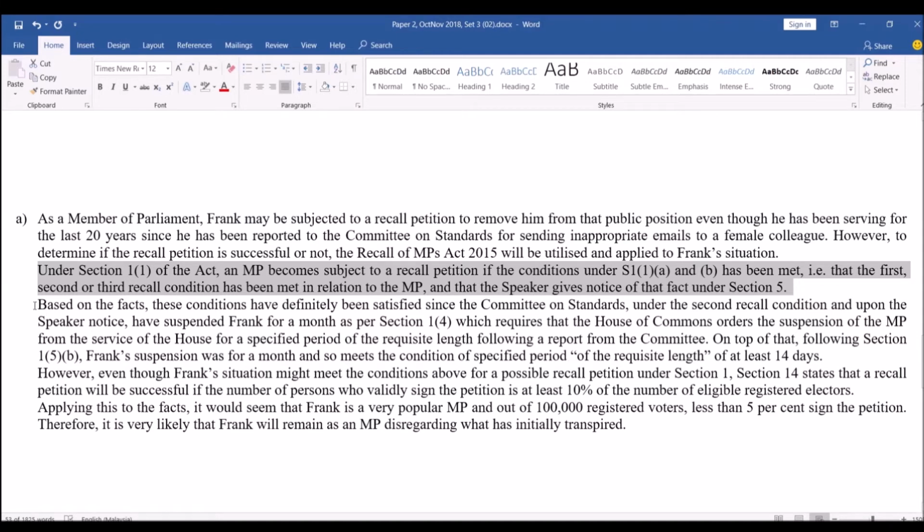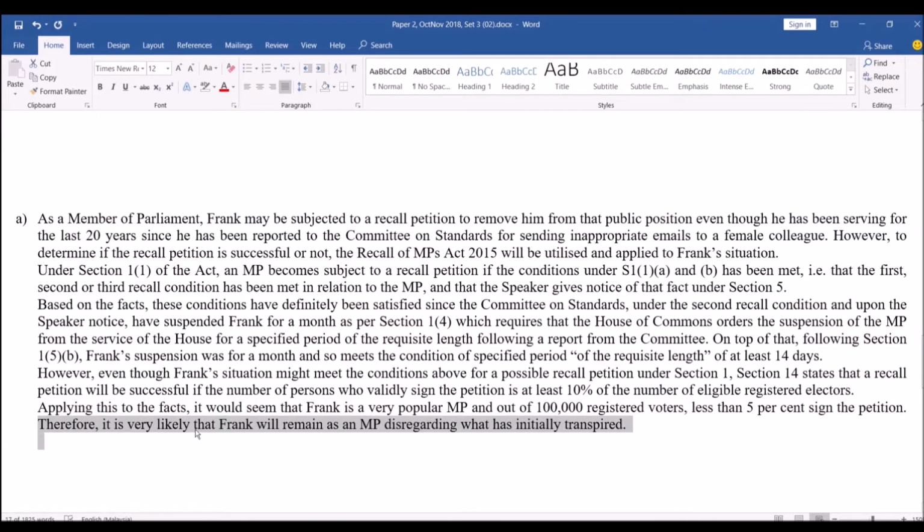So after that, of course, I go straight into giving the relevant sections, which is here Section 1 sub 4 concerning suspension, and also 1 sub 5 sub B concerning the condition of specified period or requisite length, and also Section 14 regarding the petition itself, and lastly applying everything to the facts, and then finally getting into the conclusion itself.